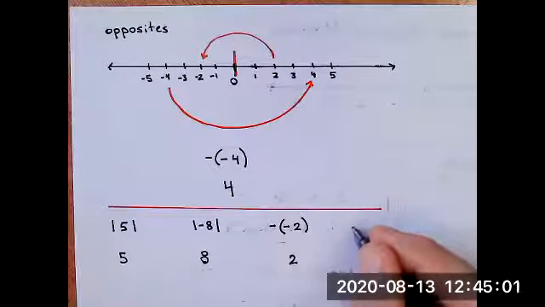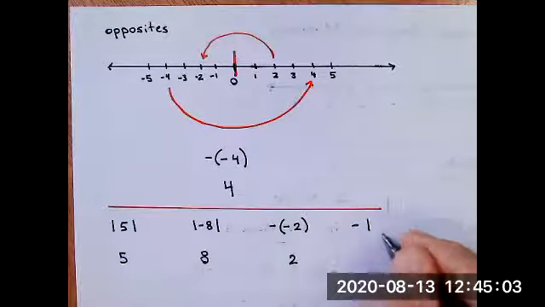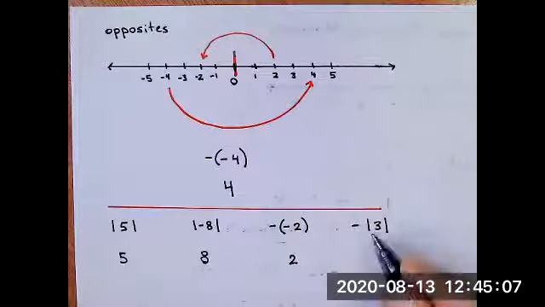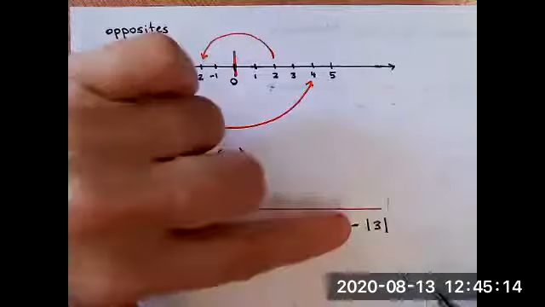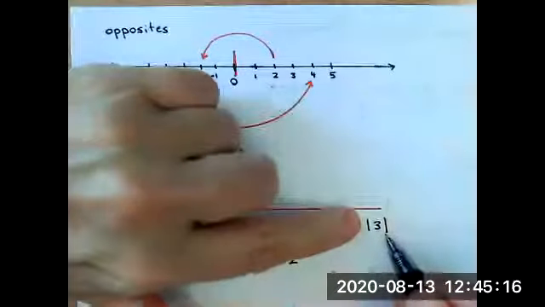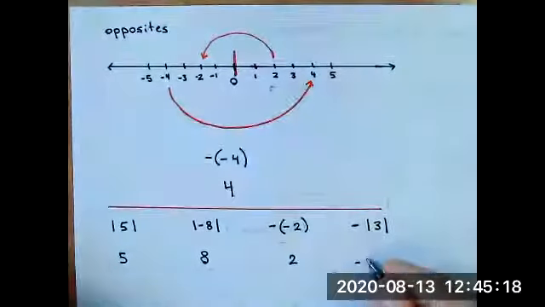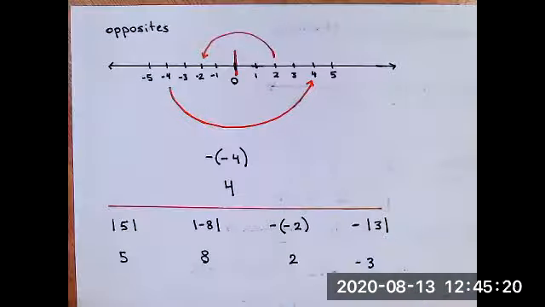What happens if you have a negative on the outside of the absolute value? The absolute value is a grouping symbol, so you perform this operation first. The absolute value of a positive is positive, and then that negative stays on the outside.